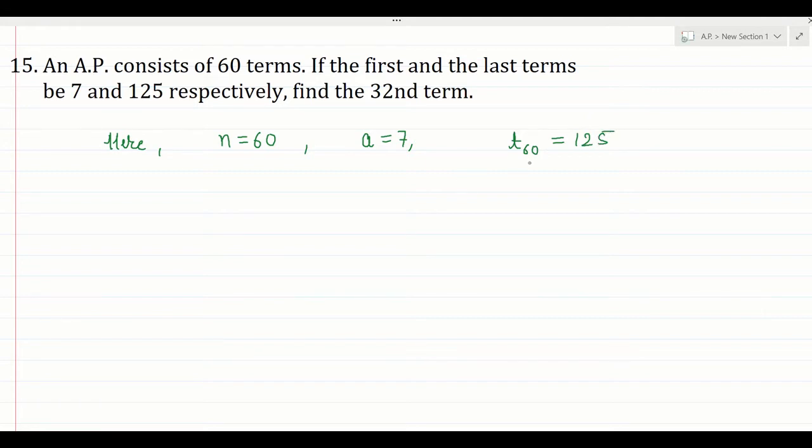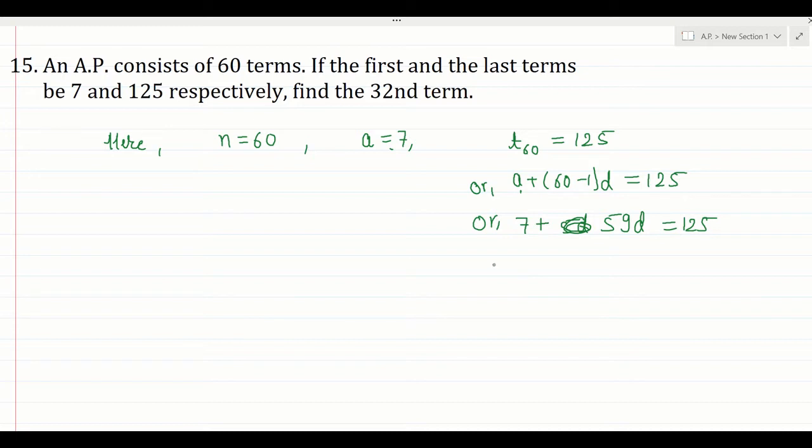But we know T60 is given by a formula. Which is the formula? A plus (60 minus 1)D. Isn't that equal to 125? Again, we have the value of A. How much is A? A is 7. So 7 plus 59D, sorry, it is 59D, is equal to 125.